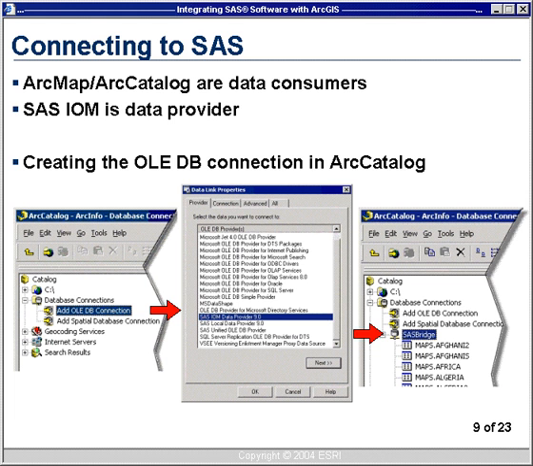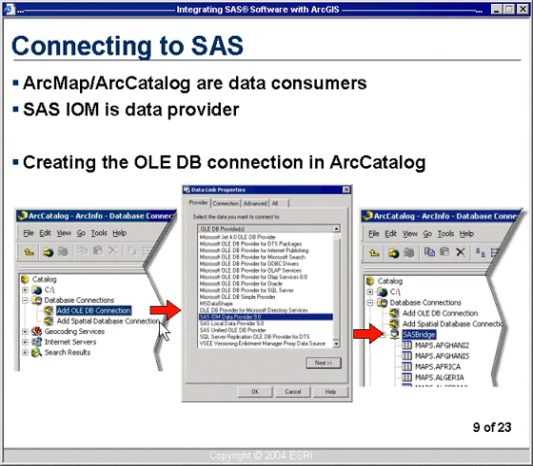In order to use SAS tables in ArcGIS, you have to have the SAS Bridge installed. Once you have the SAS Bridge installed, you need to define a connection to the machine that has the base SAS software installed. To do that, you go to Database Connections, click Add OLE DB Connection.